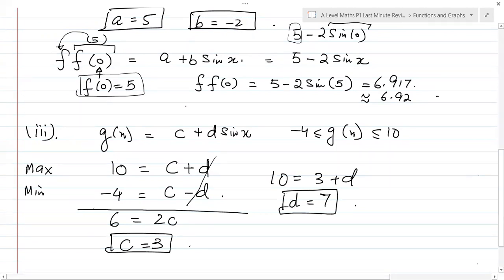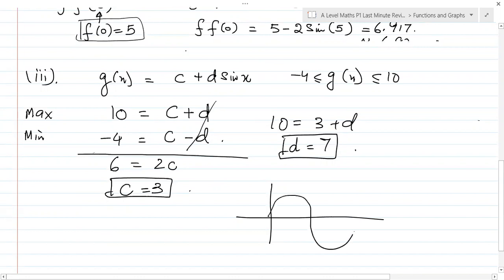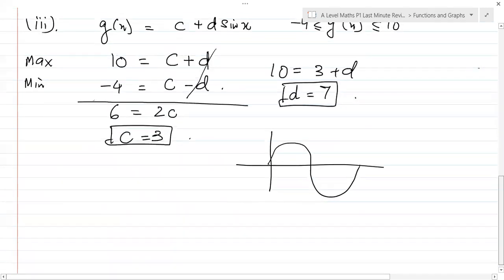That's the answer. Now, the most important thing is, if you have a sine graph and you need to work out the maximum and minimum, and there is an equation given like the one we have right now, let's use the values we got.